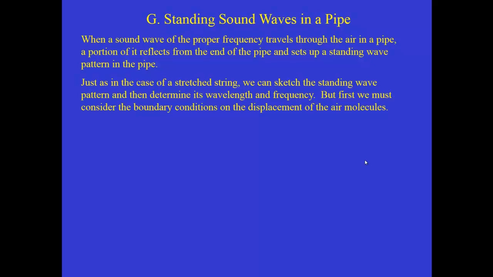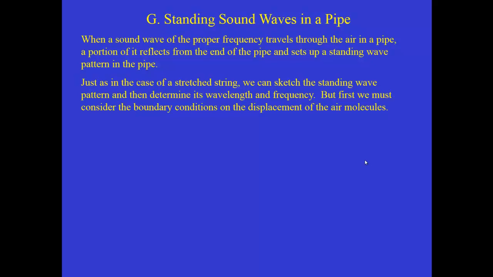And so as a result, when we think about a wave traveling in a column of air, such as in some kind of a pipe, the motion of the air molecules is going to be affected by the conditions at the ends of the pipe. In particular, a pipe that's closed at one end will have a rigid surface, and at that point the air molecules will not be able to move.